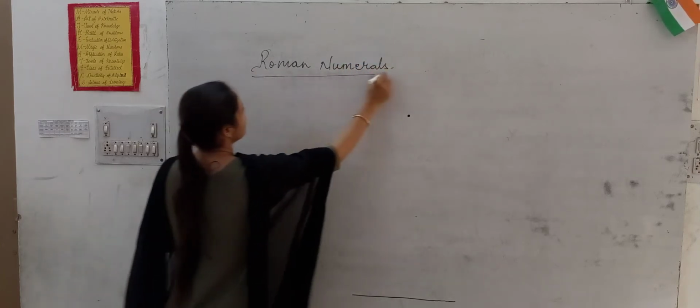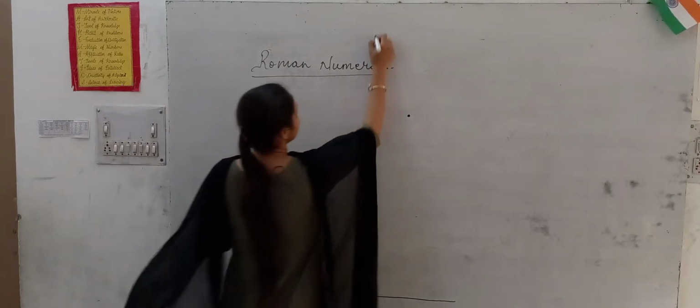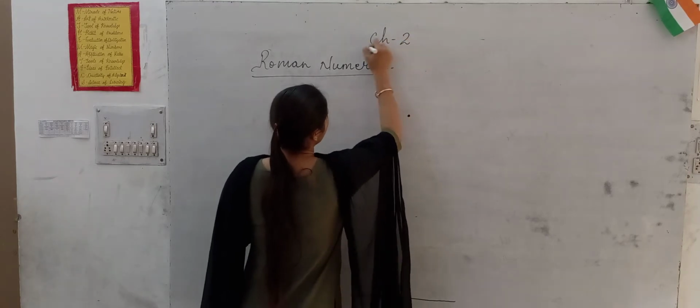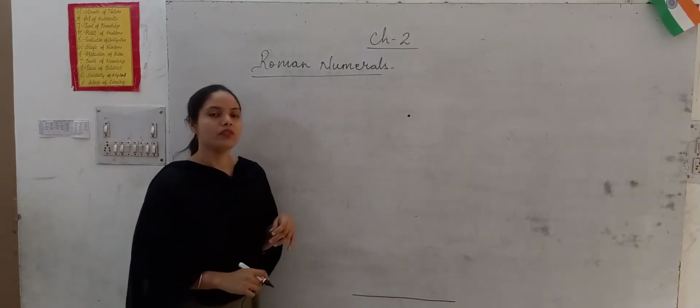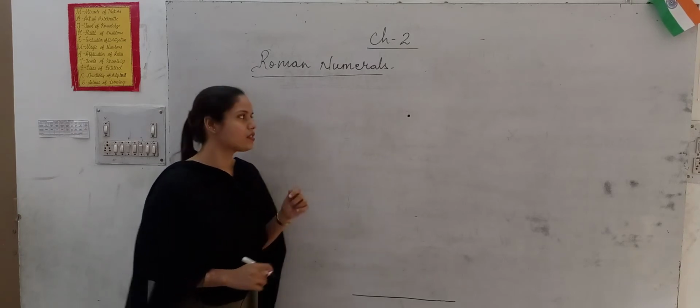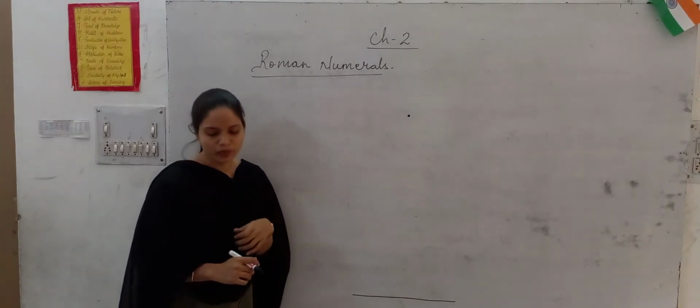Okay. Topic is Roman numerals. This is your chapter number 2. We represent these with some symbols. Only 7 basic symbols represent the counting of Roman numerals.